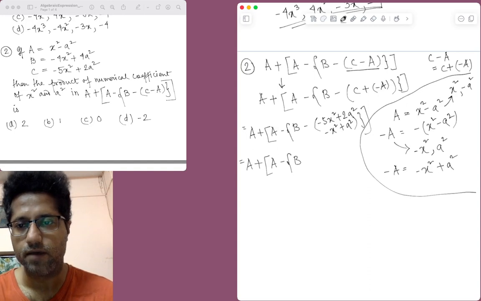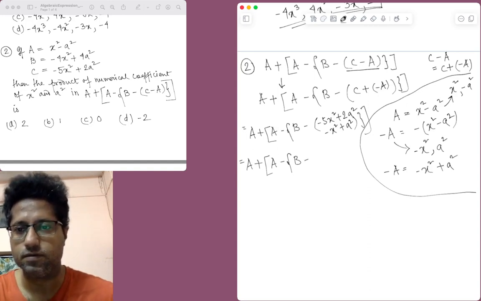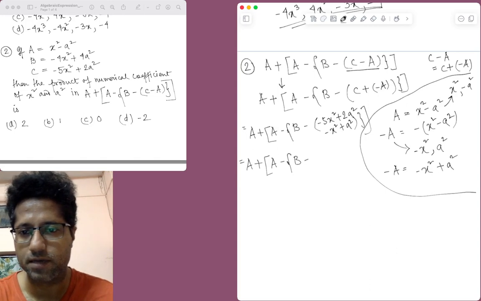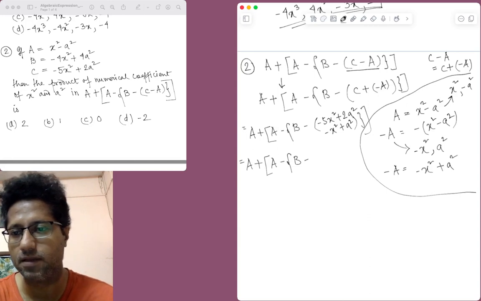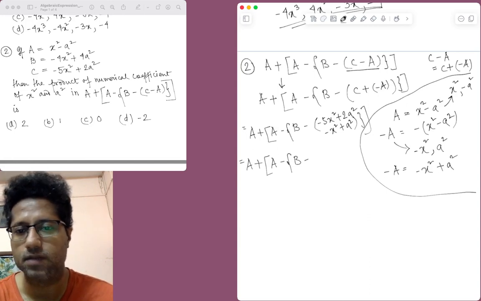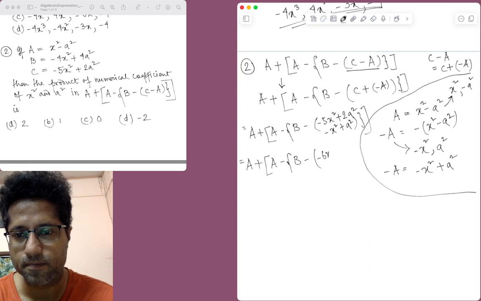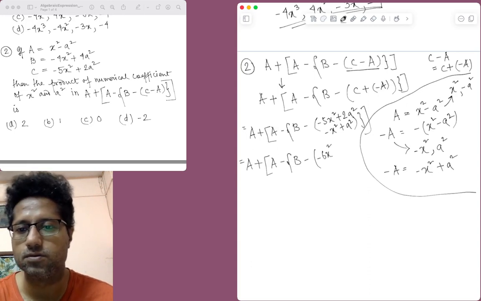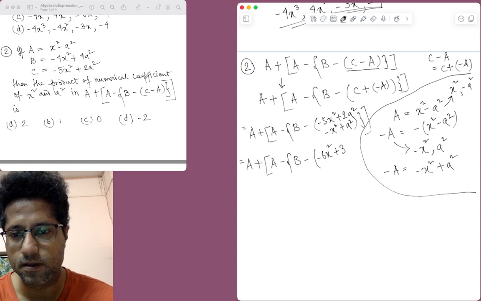So we got the algebraic expression minus 5x square plus 2a square minus x square plus a square. In this we have to add the like terms: minus 5x square minus x square becomes minus 6x square, and 2a square plus a square becomes 3a square.